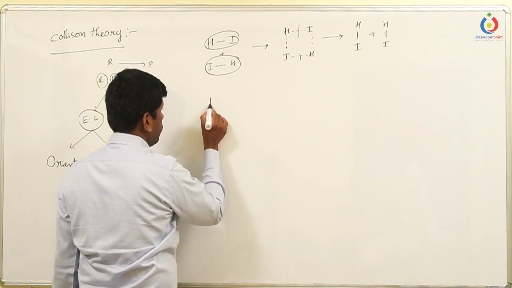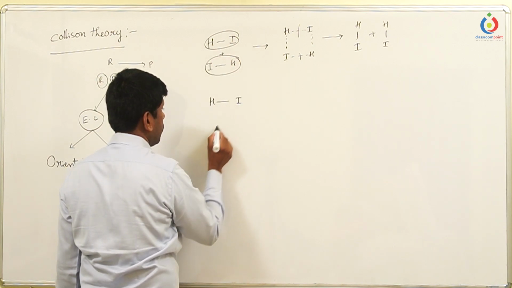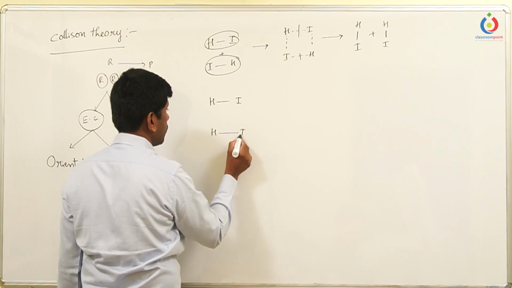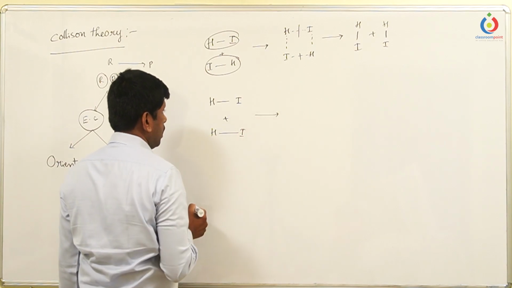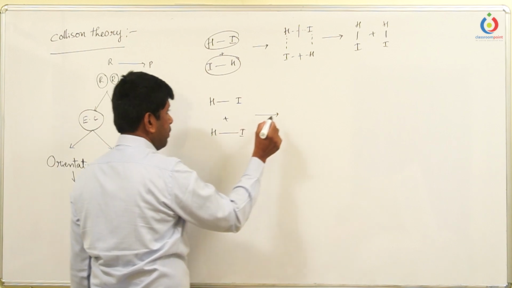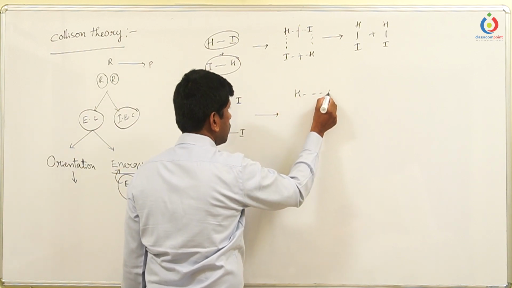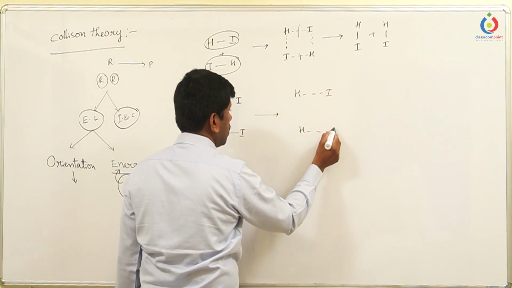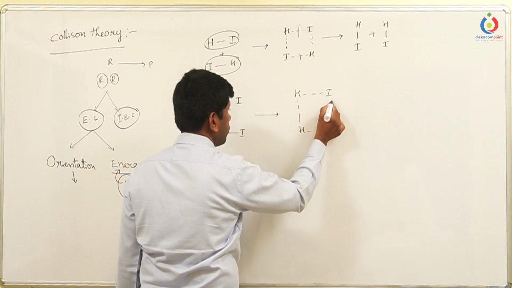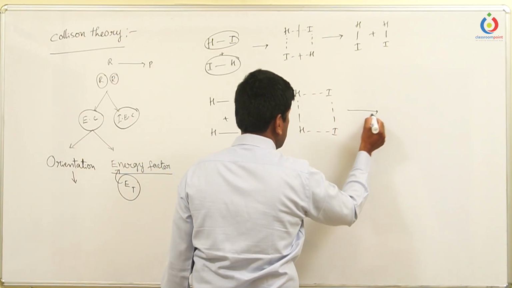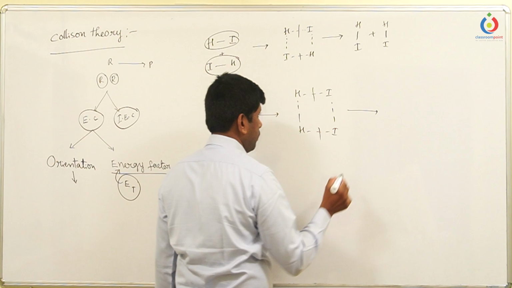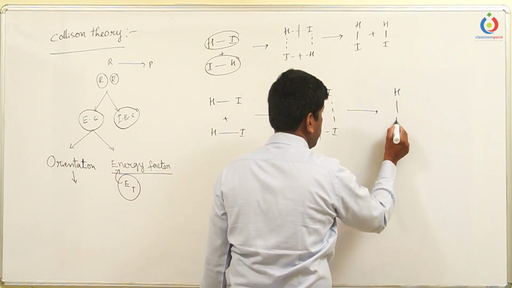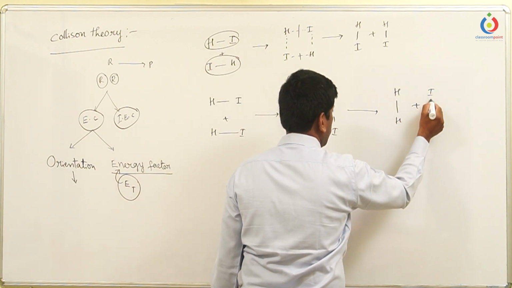Now let us see what happens if the reactant molecules come in the proper orientation. If the reactant molecules are like this, old bonds will be weakened and new bonds are going to develop, and afterwards these old bonds are completely broken, giving the new bonds.